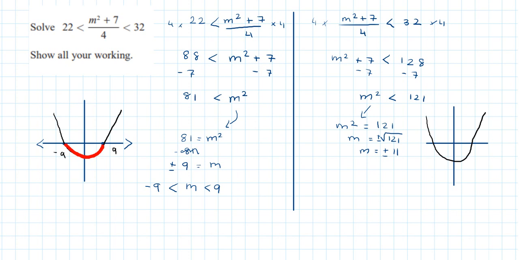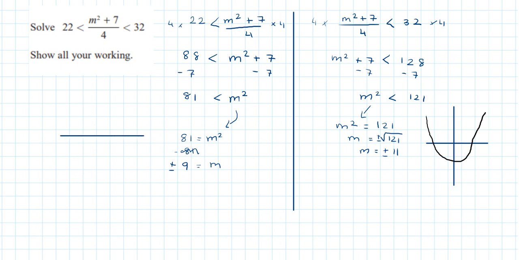I made a mistake here. The graph was fine, it was the inequality that was wrong.